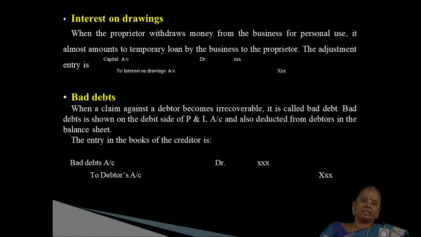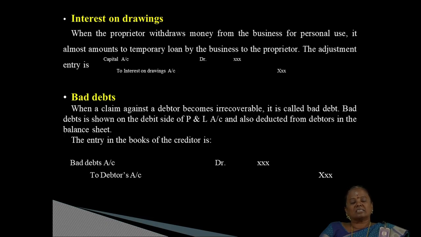Next adjustment item is interest on drawings. Interest on drawings is the interest charged by the business on the drawings made by the owner. It is always given on the outside of the trial balance. It is an income to the business, hence it is credited on the profit and loss account.